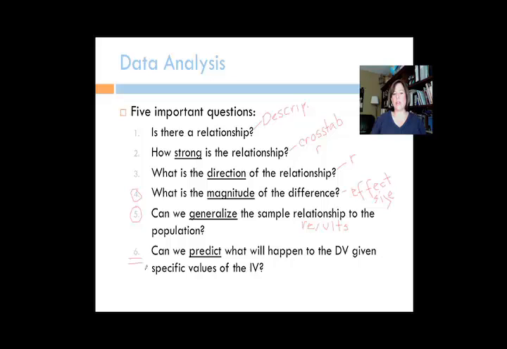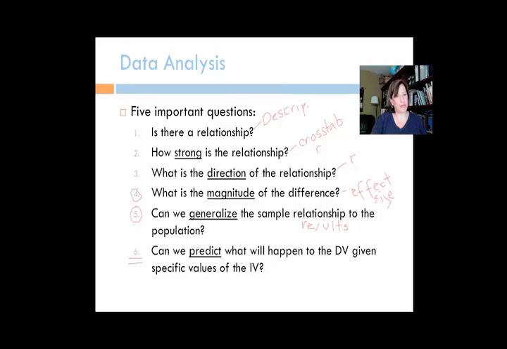Well, right now we're going to focus on effect size, magnitude, and whether or not we can generalize the sample results to the population. Sampling theory tells us, does our sample represent the population? But it's the statistics and statistical significance that tells us whether or not we can generalize our findings to the population. So that's what we're going to talk about now, statistical significance.